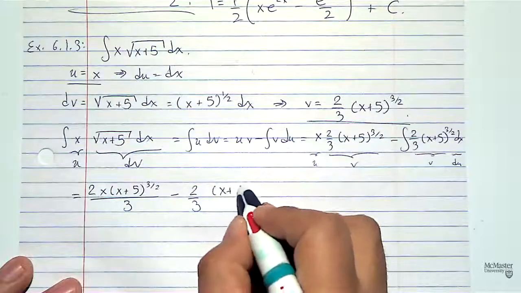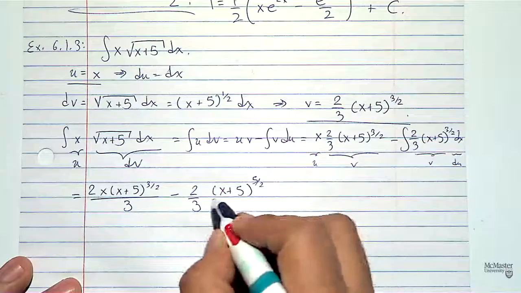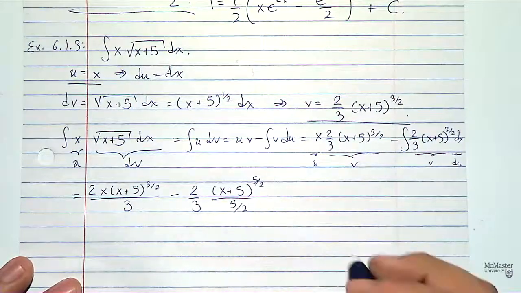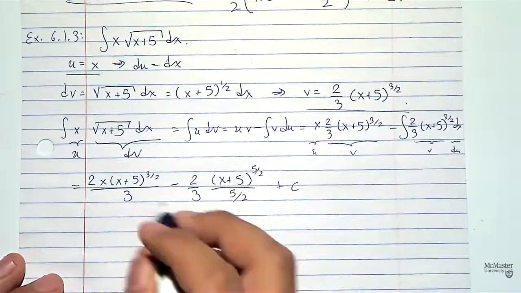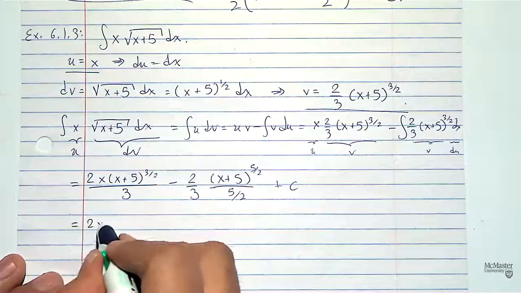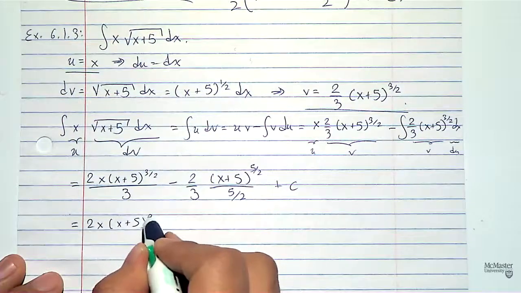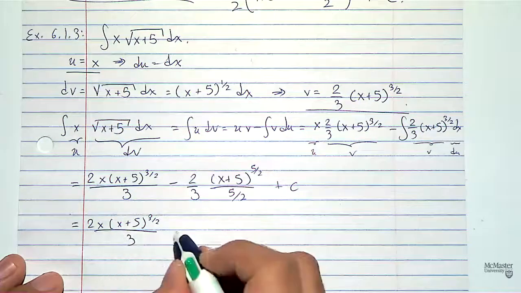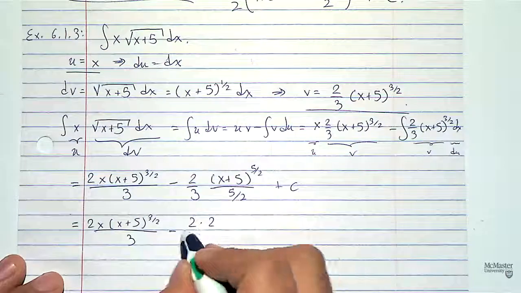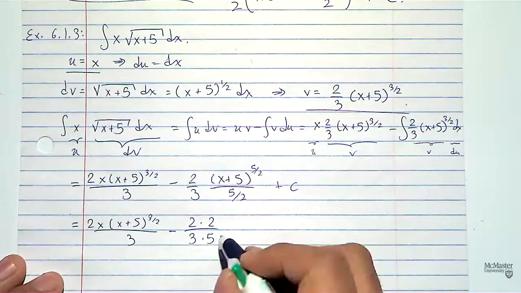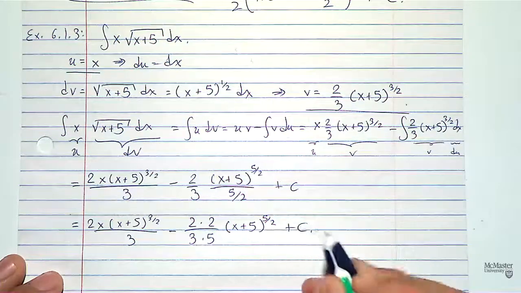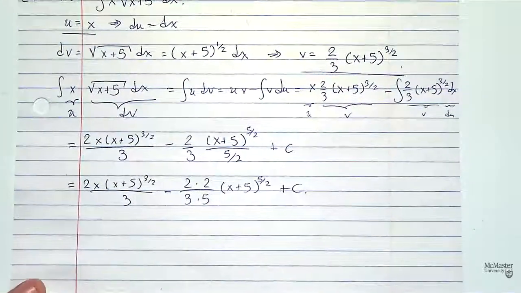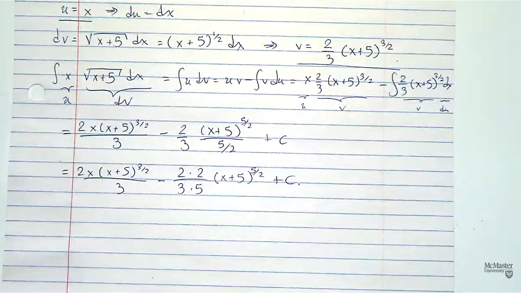So you have (x plus 5) to the 5/2 divided by 5/2, which will flip at the end, plus a constant of integration. So you have 2x times (x plus 5) to the 3/2 divided by 3 minus 2 times 2 divided by 3 times 5, (x plus 5) to the 5/2 plus a constant of integration. So you can simplify, and that would be the end of the result.